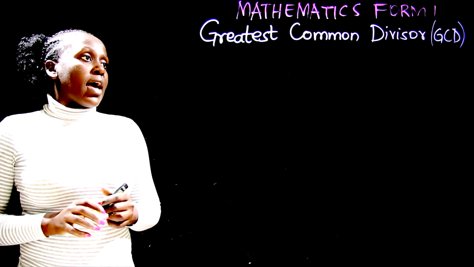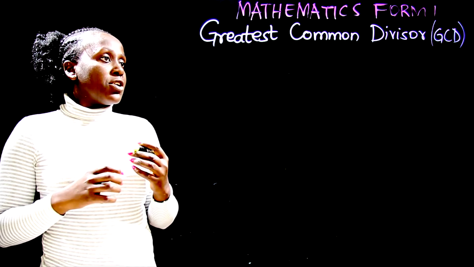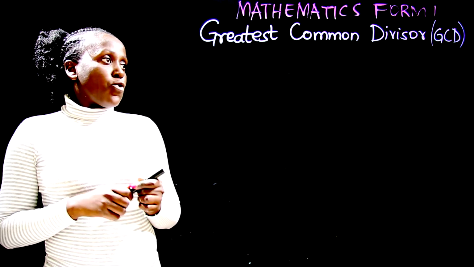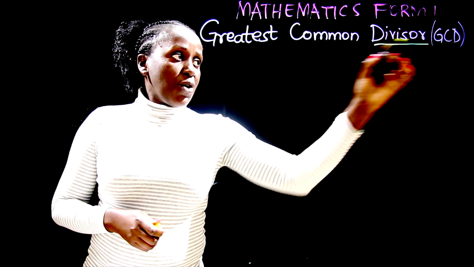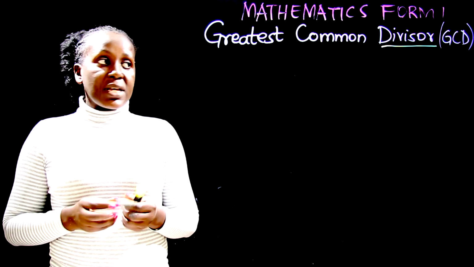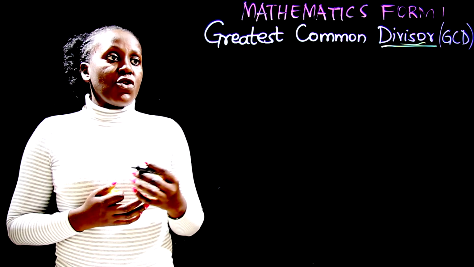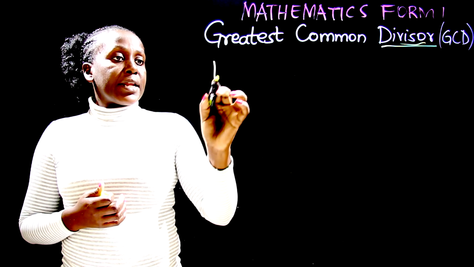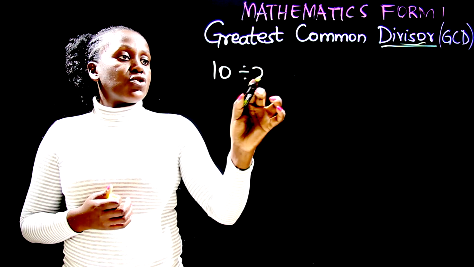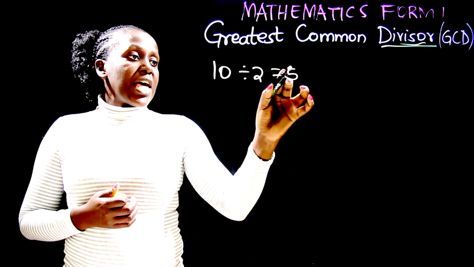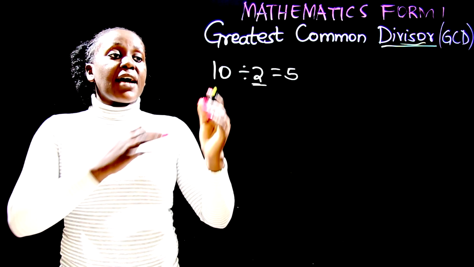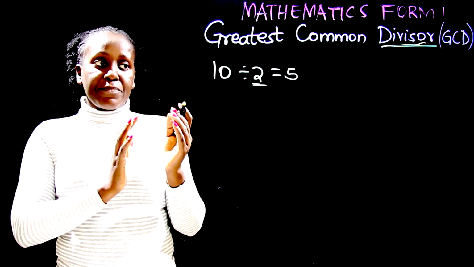Before we go on, I need us to have a complete understanding of what a divisor is. Okay? Now, simply put, a divisor is just a number that can divide another one. For example, 10 can be divided by 2 to give you 5. Therefore, 2 is a divisor of 10.